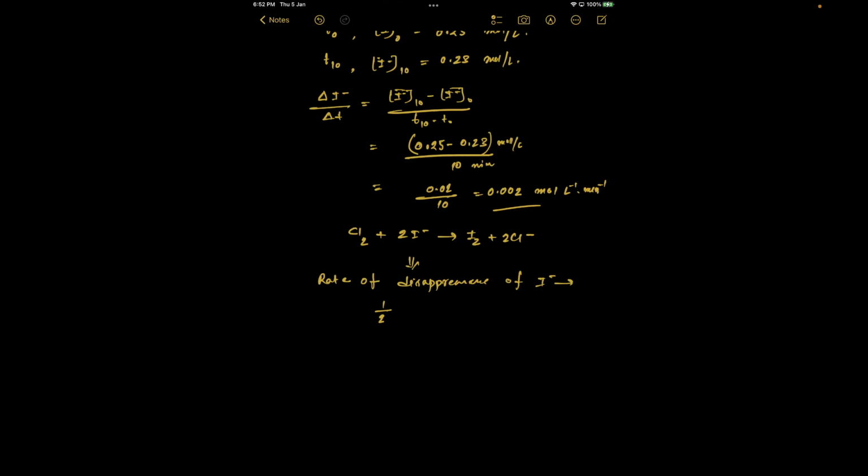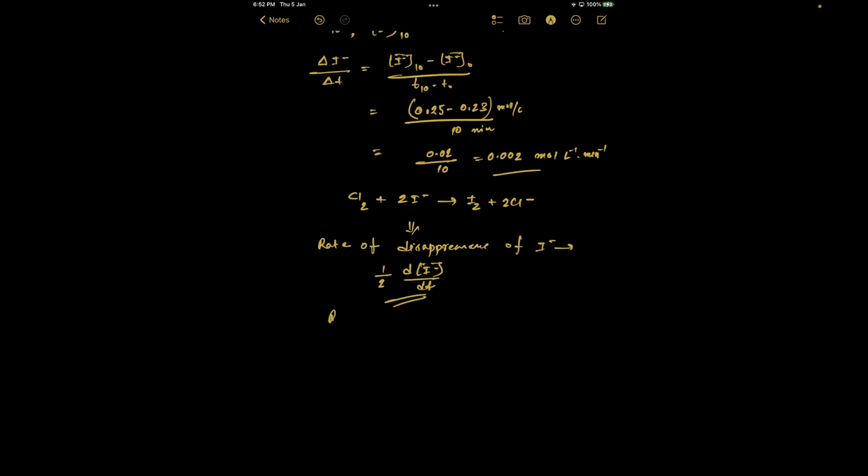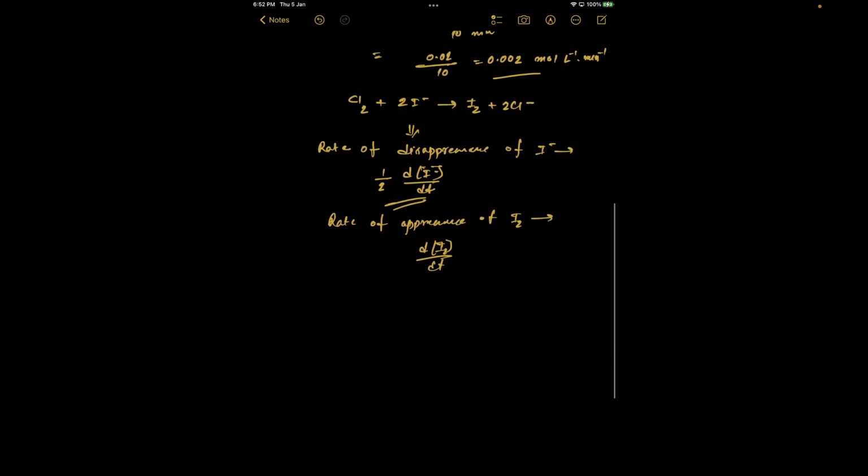The rate of appearance of I2 will be d I2 by dt, because the stoichiometric coefficient of I2 is 1. So the rates will be equal: d I2 by dt equals half of d I minus by dt.